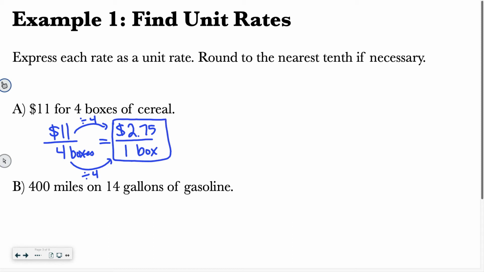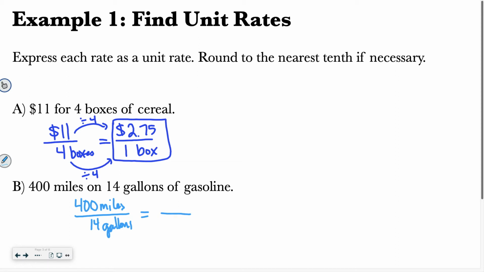Let's practice with letter B. 400 miles on 14 gallons of gas. So a car can drive 400 miles with 14 gallons of gas. So what we would do is we want to figure out how many miles per gallon.